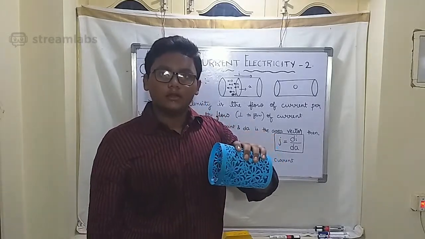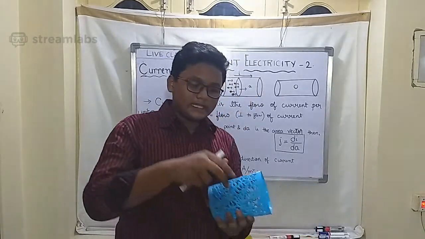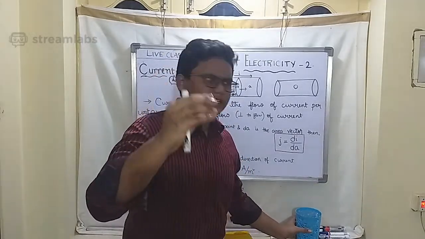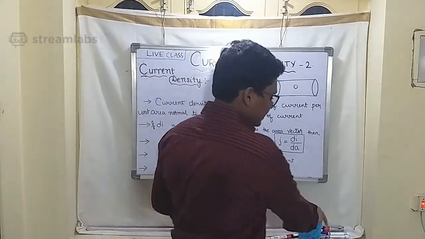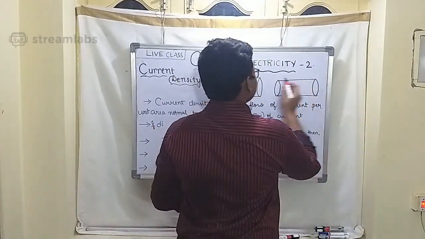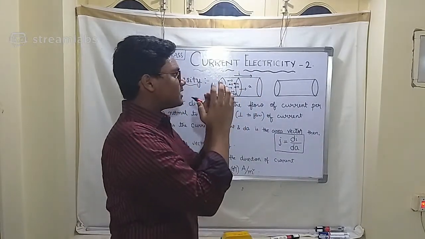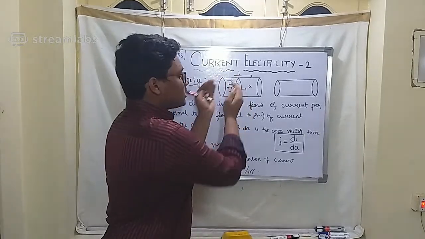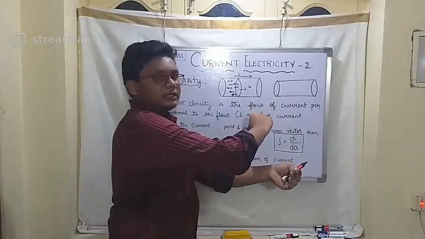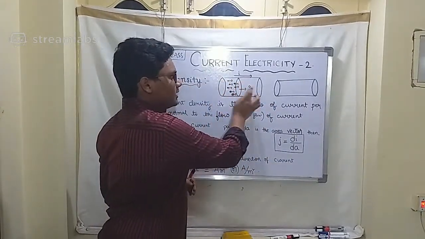Similarly, in this conductor, which has a uniform cross sectional area equal to the conductor's cross sectional area, the current flowing is the same.